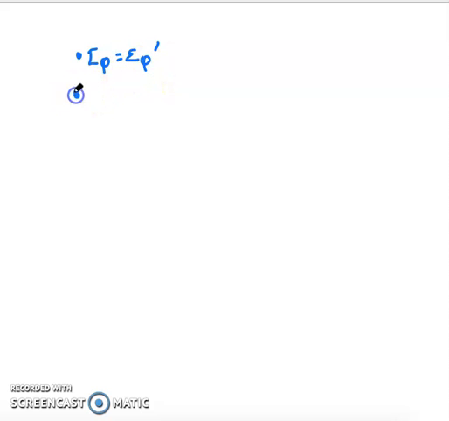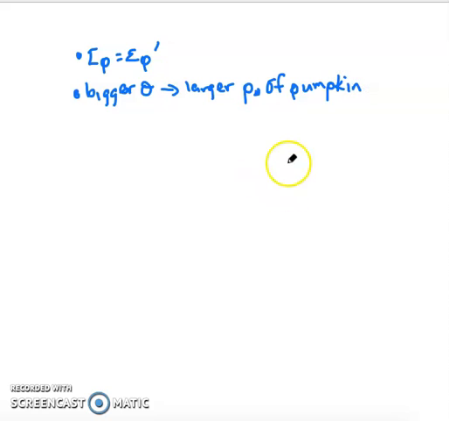Another point you need to make is that a bigger angle comes from a larger momentum of the pumpkin. So whichever situation transfers the most momentum to the pumpkin is the one that's going to go highest.